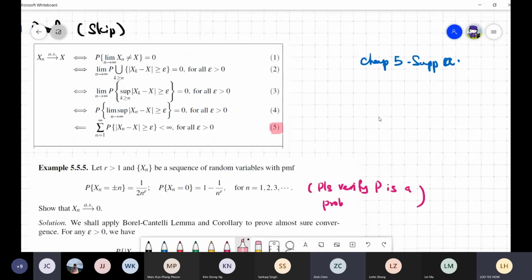However, this is only one direction. That means if this is true, then we can have this conclusion. If this is not true, then we cannot have a conclusion.